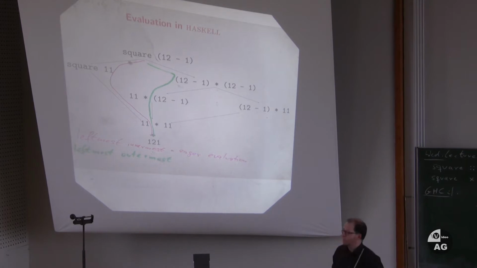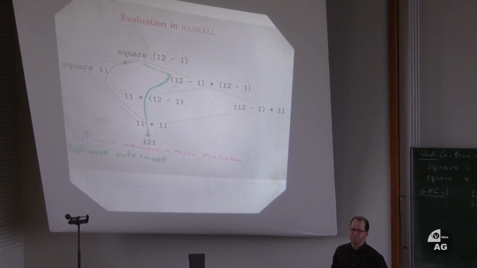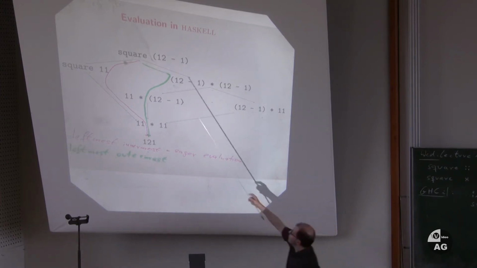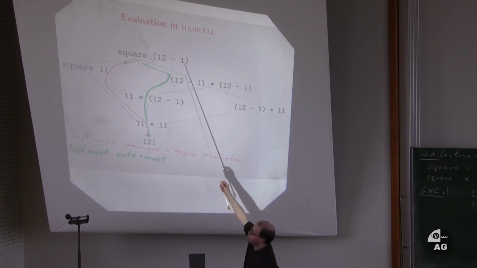And now the question is, what does Haskell do? So maybe we first answer the question, what does your favorite imperative programming language do? If you think of Java or C or whatever imperative language you like, what is the strategy used by imperative languages? Did you ever type something like this in an imperative language, square of 12 minus 1?